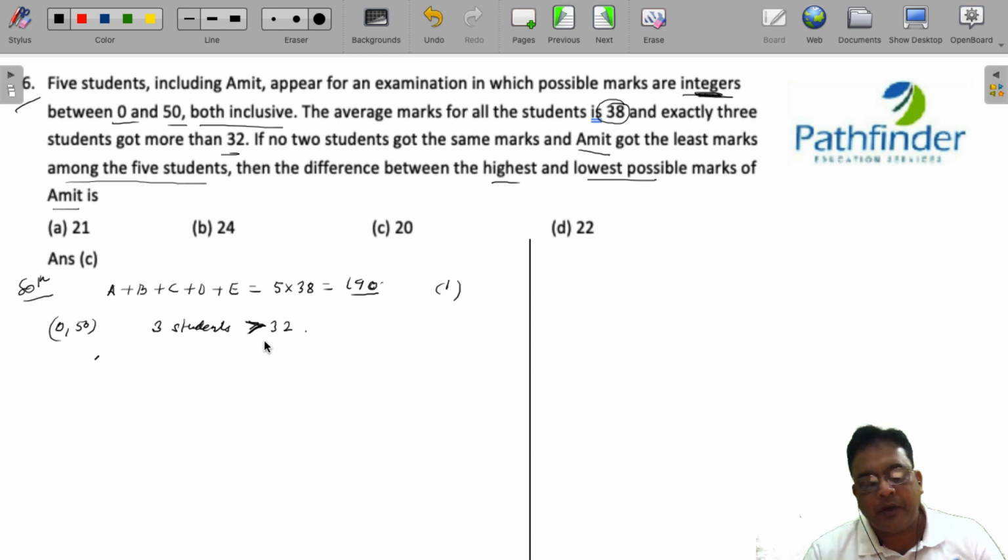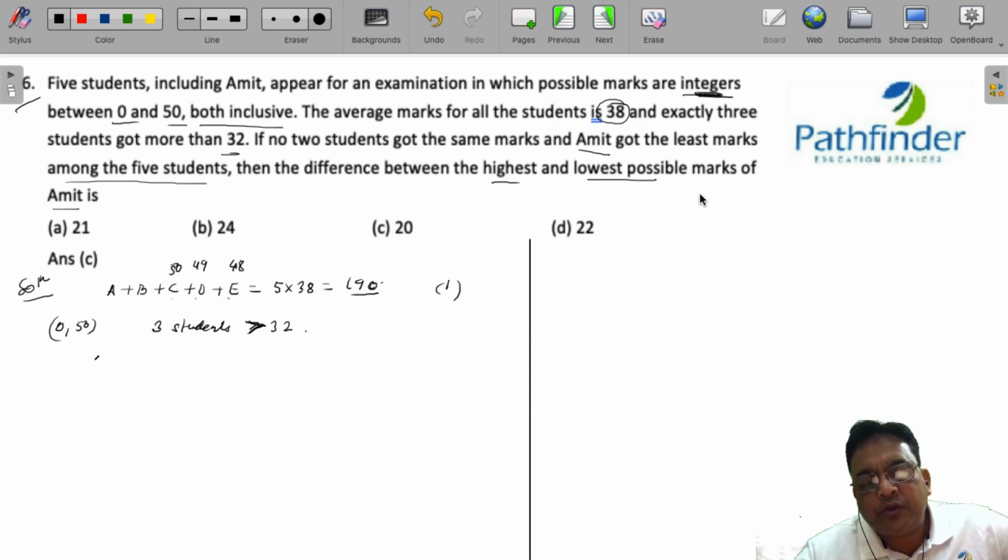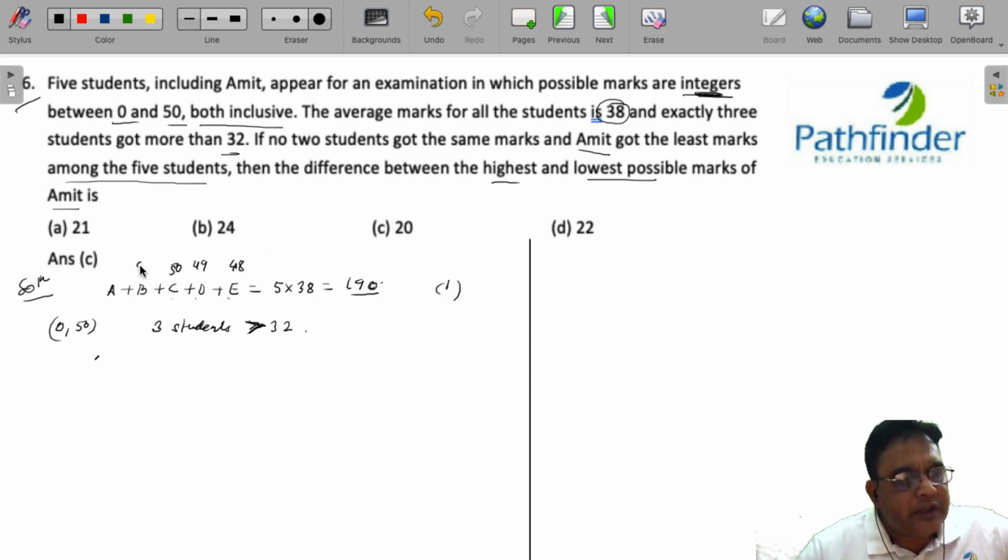For example, there are 3 students getting more than 32. Let us say C, D, and E are those people who get 50, 49, and 48 marks. Mind you, no 2 students have the same marks. Obviously, the 4th student can get 32 marks.